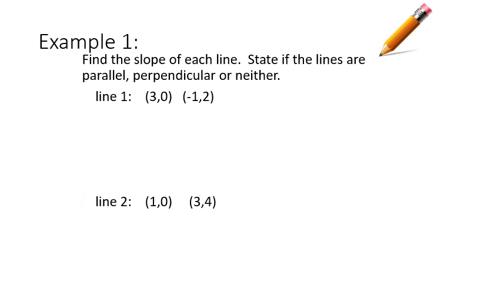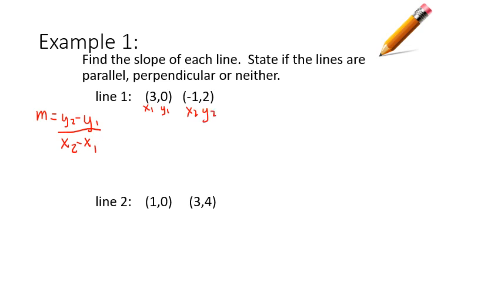Okay, example 1, we want to find the slope between these 2 points. Let's use our formula. y2 minus y1 over x2 minus x1, where our points are x1, y1, and x2, y2.